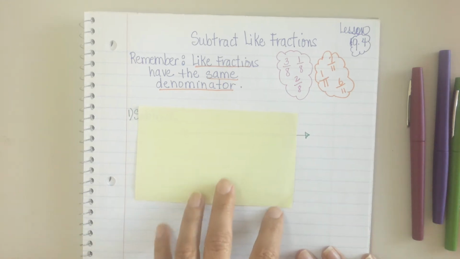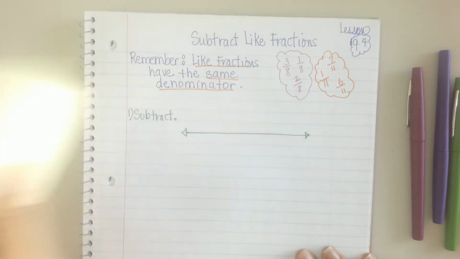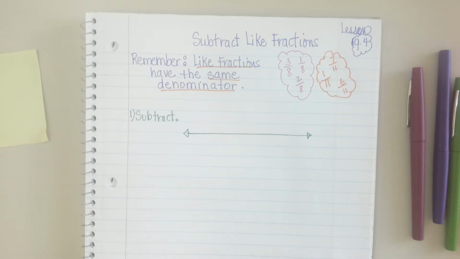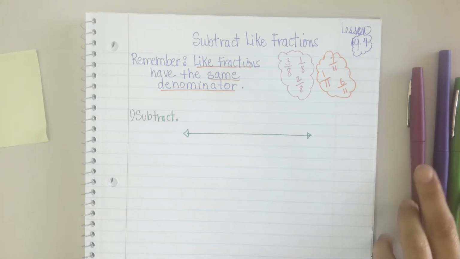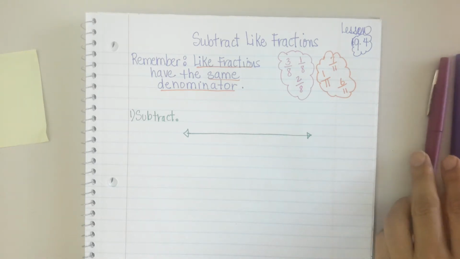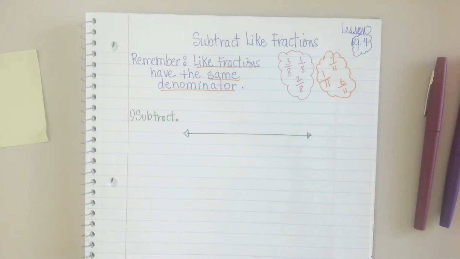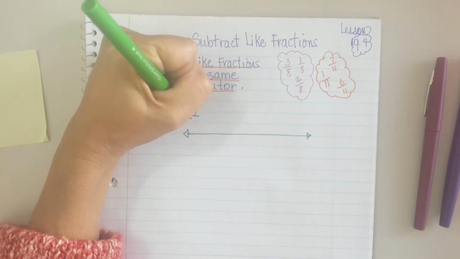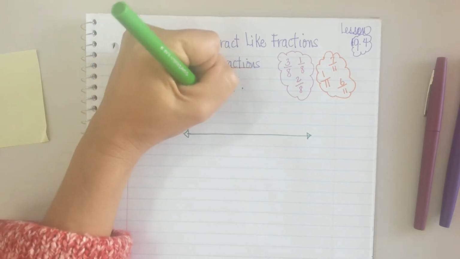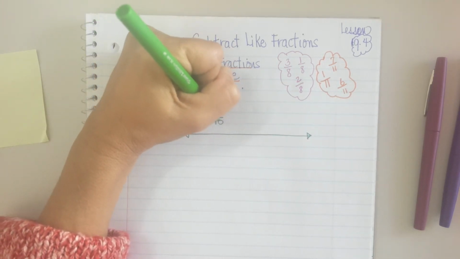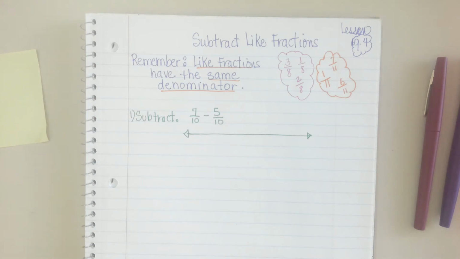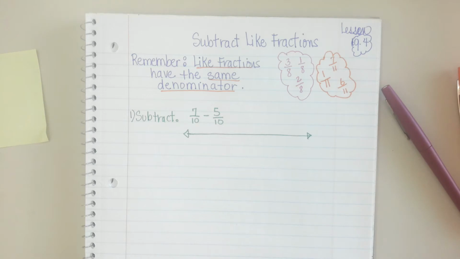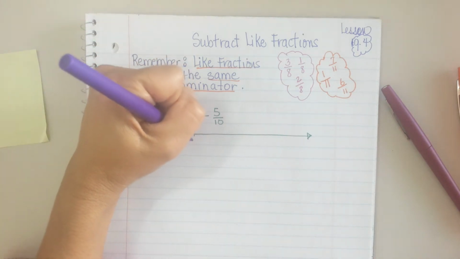So we're going to subtract fractions that are like fractions. But this time, instead of making models, we are going to use number lines. So we have a problem here. We're going to subtract 7/10 minus 5/10. And all we have to do is label the number line.